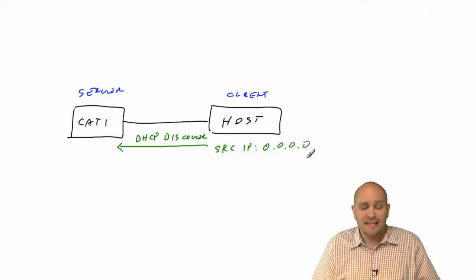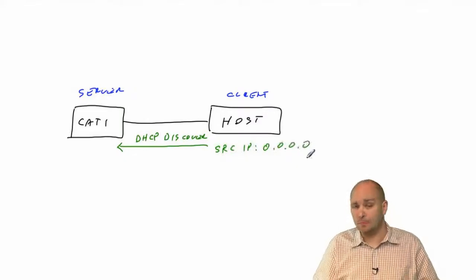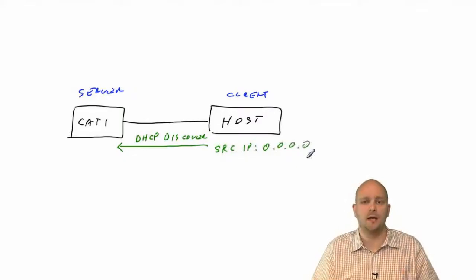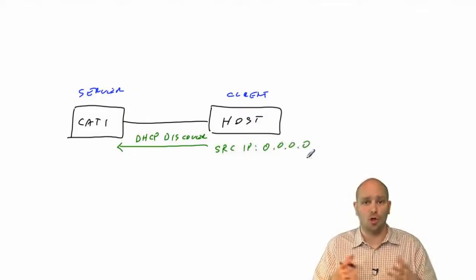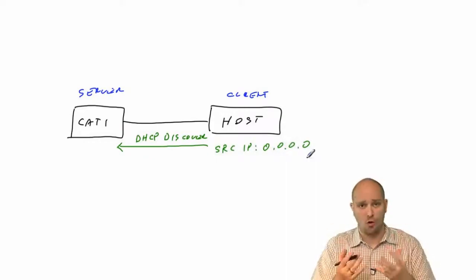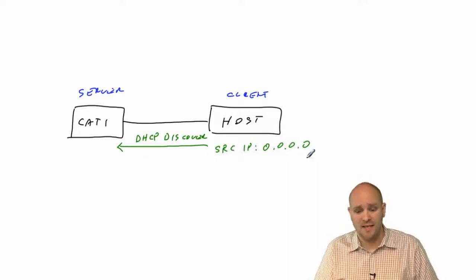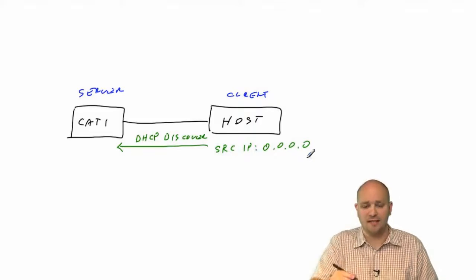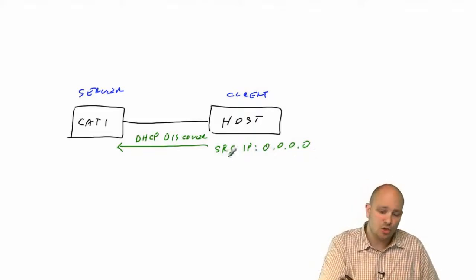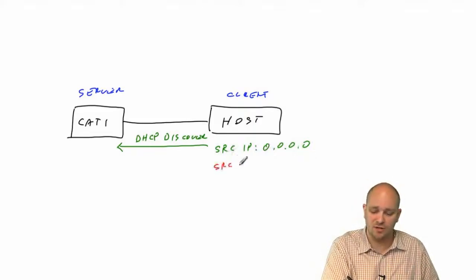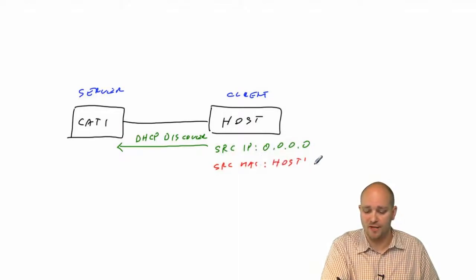Now keep in mind, this is an illegal IP address, but this packet is not going to leave the local segment. It's going to remain on the same segment as our DHCP server is, at least that's the idea. The source MAC address for this traffic is going to be the host's MAC address.